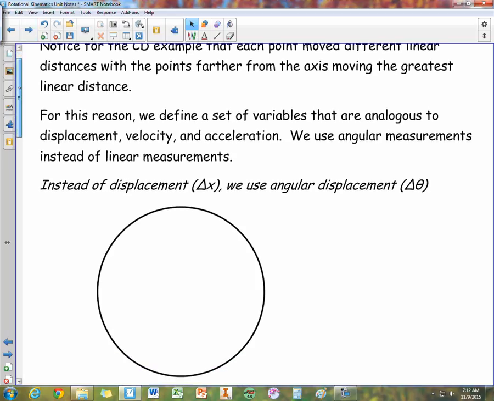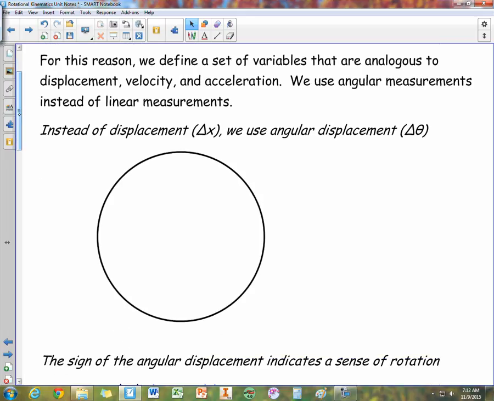Now, for this reason, we need to define a set of variables that are analogous to displacement, velocity, and acceleration. And for this, we're going to use angular measurements instead of linear measurements. We could do this with the linear measurements. However, it would become very, very mathy, very, very quick.